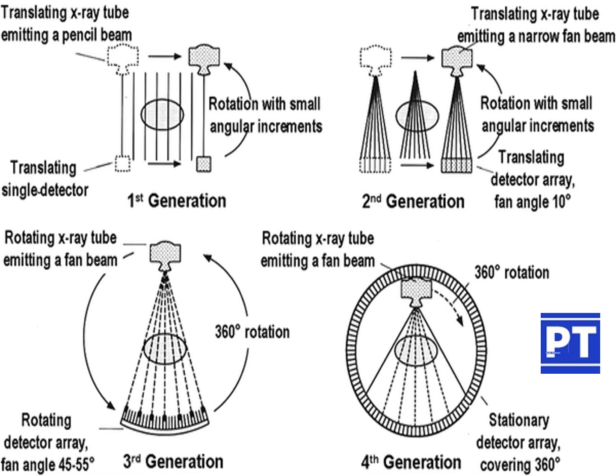So once again the images are shown here, just a revision. X-ray tube as well as the detector. You can see the X-ray tube at the top and the detector below. In the first generation, we have only a single detector and we are using a pencil beam of X-rays. And the linear movement is here.